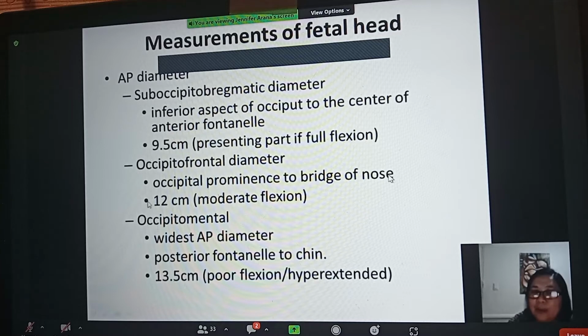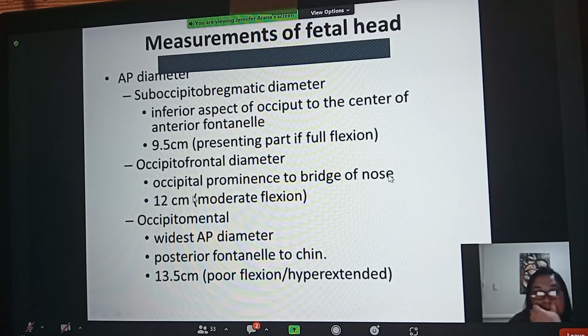Okay? If we compare it to the other anterior-posterior diameter, pinaka-gamay siya. That's why the best fetal position nga dali ra siya moagi sa maternal pelvis is when the presenting part is in full flexion. Okay, the next type of anterior-posterior diameter is the occipital frontal diameter.